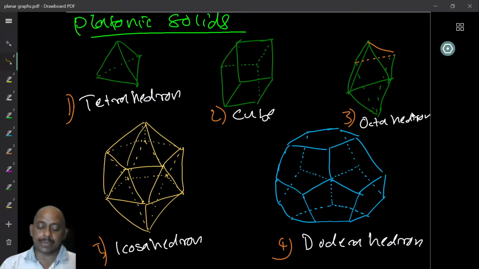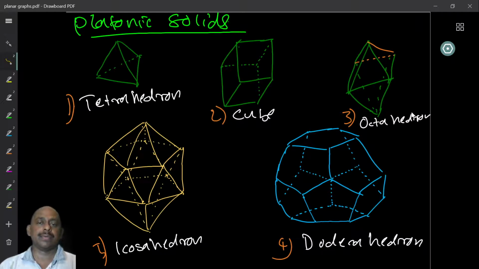Similarly, for the icosahedron and dodecahedron, the number of faces in one becomes the number of vertices in the other, and vice versa. And then the tetrahedron stands alone, but the same relation holds for the tetrahedron with itself.